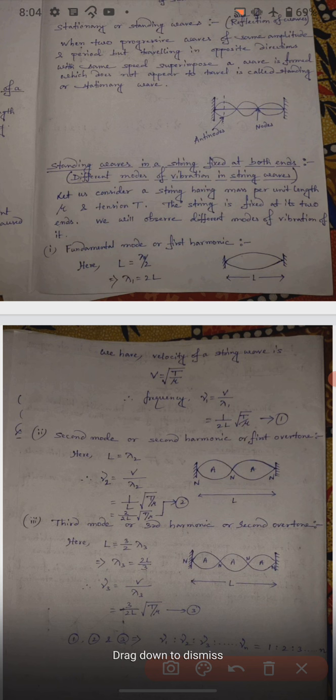And since it is the fundamental mode, I have written here lambda 1 by 2, fundamental mode or first harmonic. So I have written 1. Now this lambda 1 is equal to 2L. Alright. Then just now I told you that the velocity of a string wave is V equals root over T by mu. Then what is the frequency? The formula that I gave you already, V equals lambda nu.